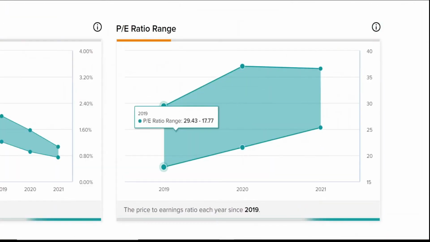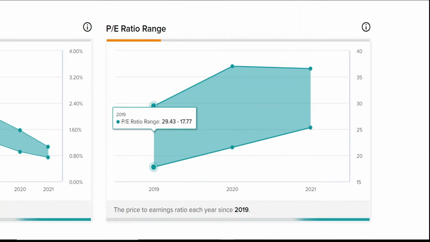And if we look at the PE ratio range, so in 2019, Mr. Market offered it to us for a very discounted price, which was a PE ratio of 17.77. Because the markets are emotional, they are pretty much sentiment driven. And the business model of the companies, especially the big companies like Microsoft, their overall spectrum of value proposition, their products, services, and so on, they don't evolve as fast as the sentiment of the market evolves.